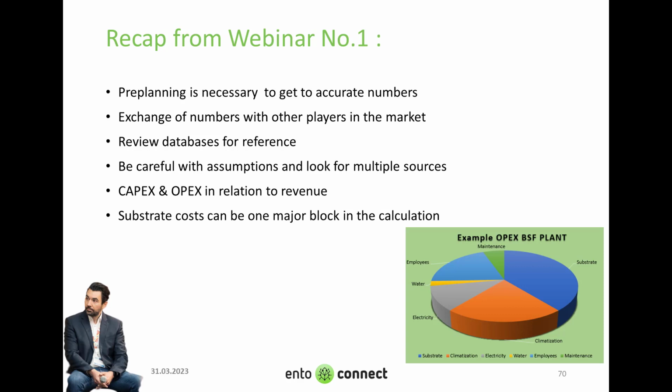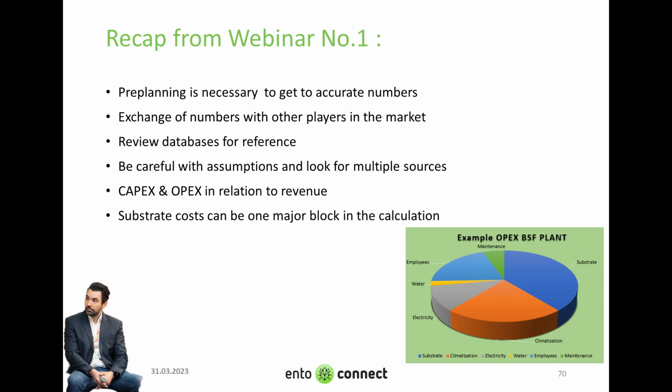Very good. So a quick recap, as I mentioned. When jumping into a project, we need to get to some, let's say, initial numbers, and these numbers can come from multiple sources, from conversations or webinars like this, or forum discussions at ento-connect.com, or from other areas. When we speak about the operational costs, it's crucial to make sure that the economical aspect fits.